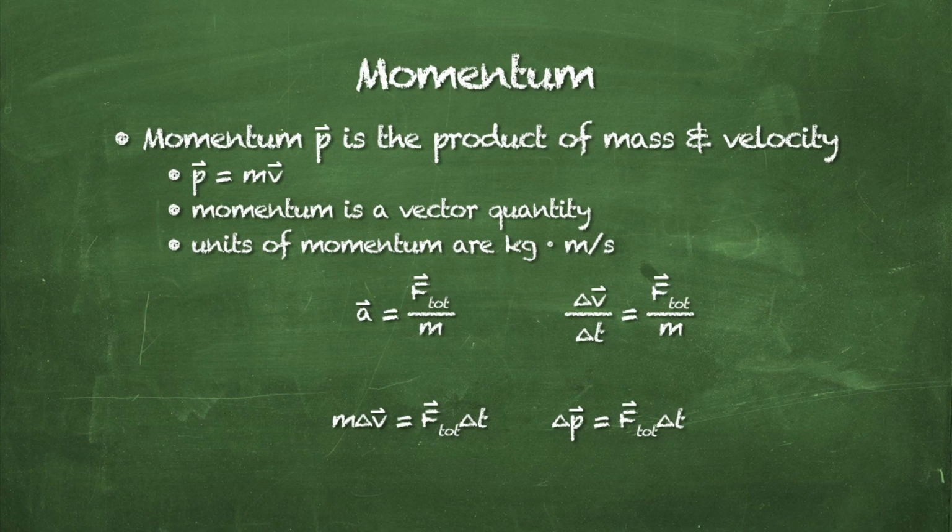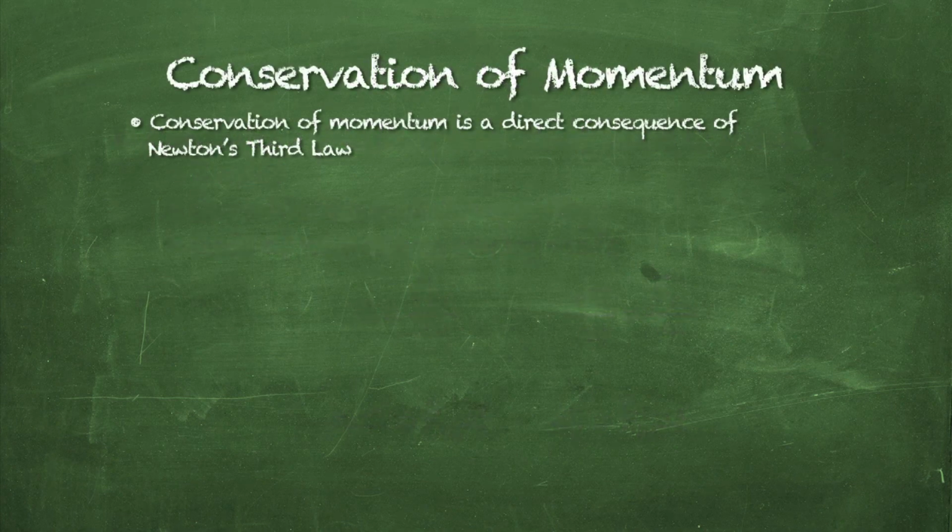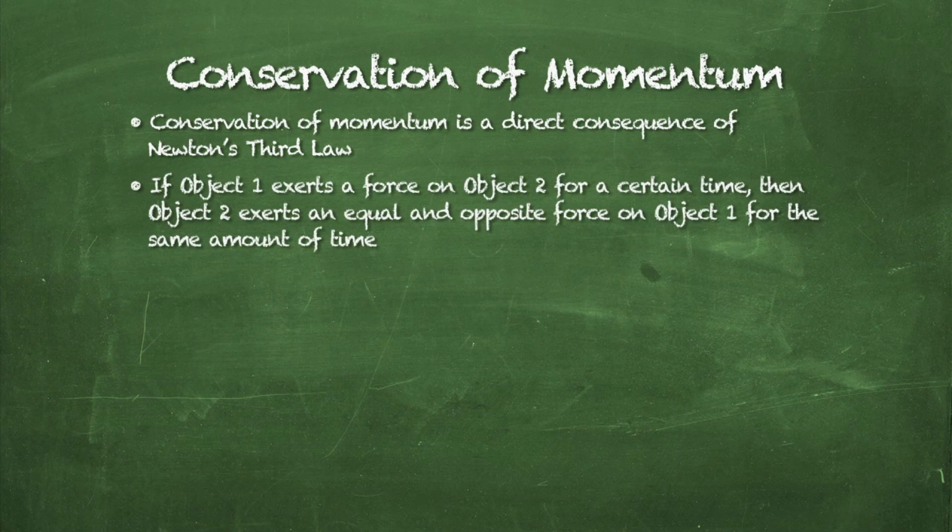And out of this and Newton's third law, we get conservation of momentum. Conservation of momentum is a direct consequence of Newton's third law, and I'm going to do something similar to what we did for work. If object 1 exerts a force on object 2 for a certain time, then object 2 exerts an equal and opposite force on object 1 for the same amount of time.